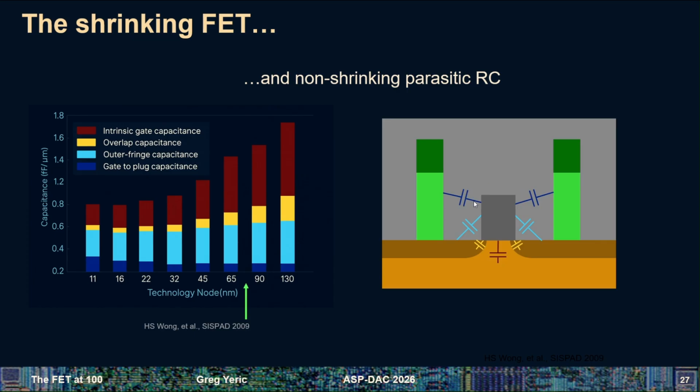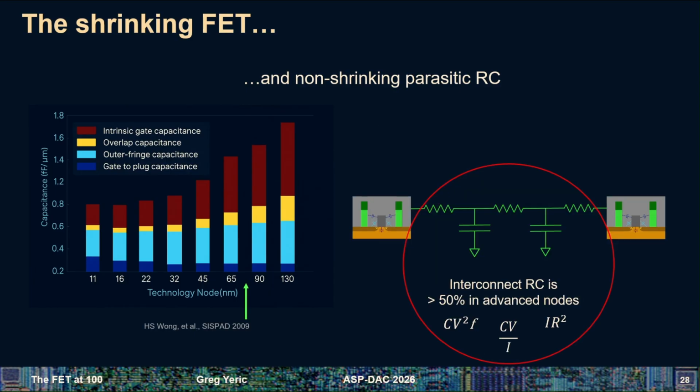But silicon dioxide K is 3.9, vacuum's 1. We're never going to do better than that. So there's not an infinite amount of help we can get out of going to lower K materials. And it gets worse, the story.